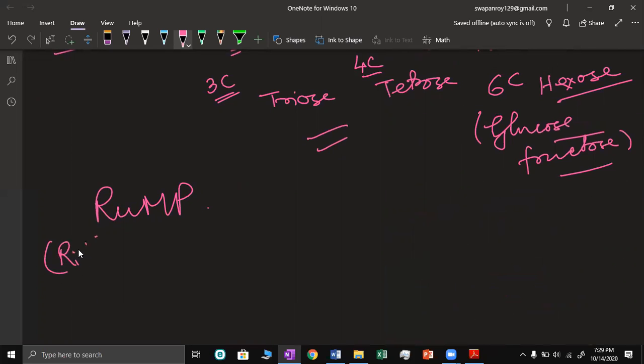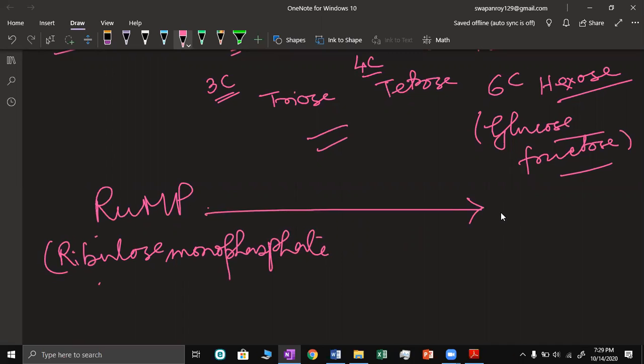First ribulose monophosphate is produced. This ribulose monophosphate is converted into RUBP, ribulose bisphosphate, or you can say ribulose diphosphate. RUDP also it is called.